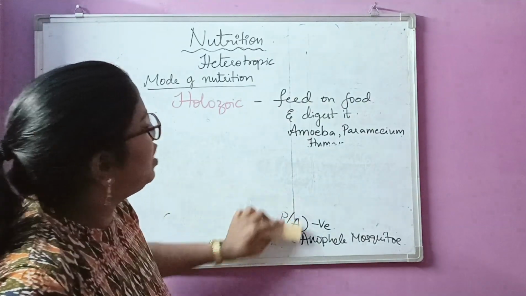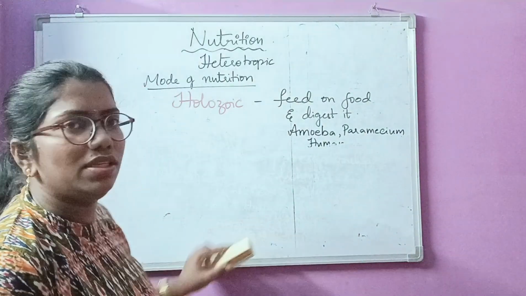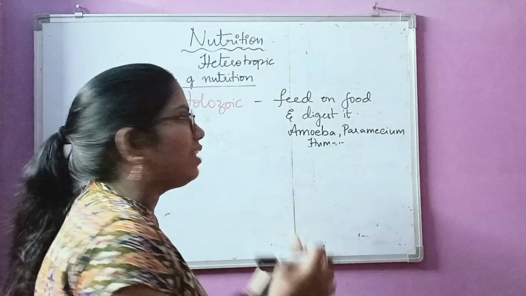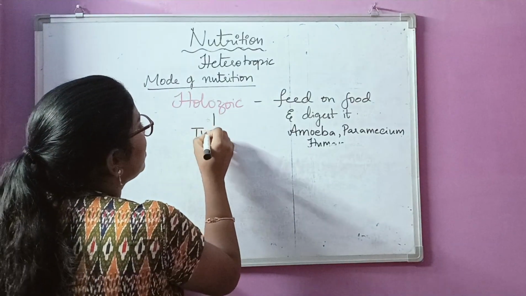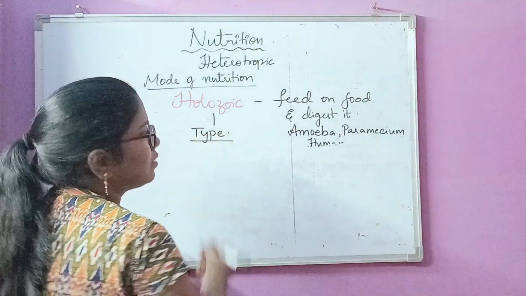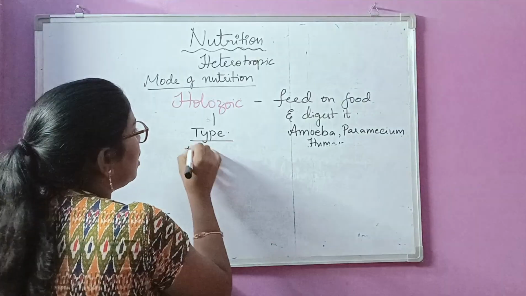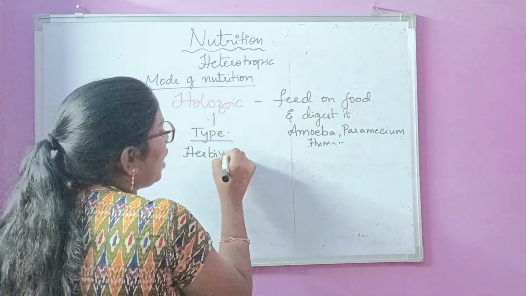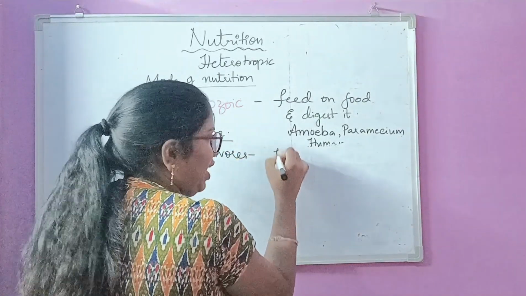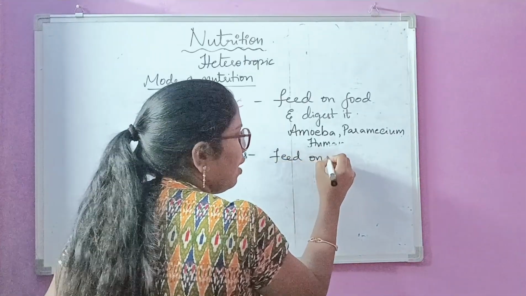There are different types of holozoic nutrition. Some feed on plants, some feed on animals, some feed on both plants and animals. Let us see the types of holozoic nutrition. One is herbivores. Herbivores feed on plants.